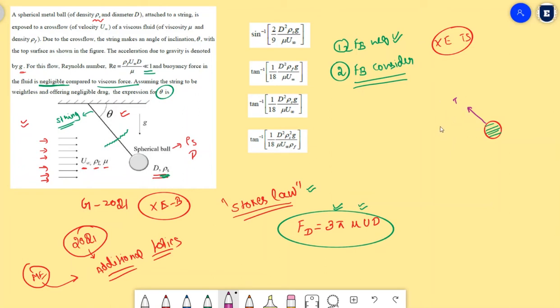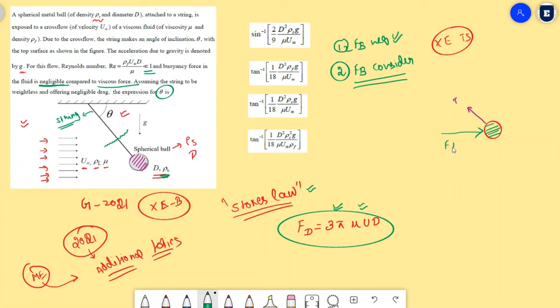In addition to tension, what are the other forces which this sphere is subjected to? The force due to this fluid, due to this cross flow, that is nothing but drag force, and that drag force will be in the horizontal direction because the fluid is also flowing in the horizontal direction.